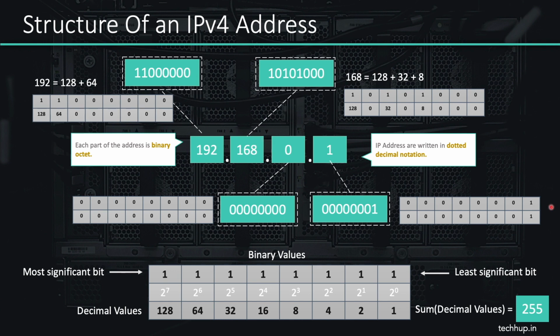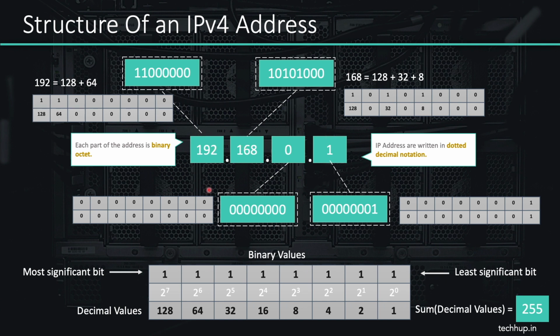The reason it is important to understand this binary is when we get to subnetting with variable length subnet mask, which we will be covering in a later part of the video. So what you need to remember here is that an IP address is a total of 32 bits of information, and it has 4 octets, and each octet is 8 bits of information.